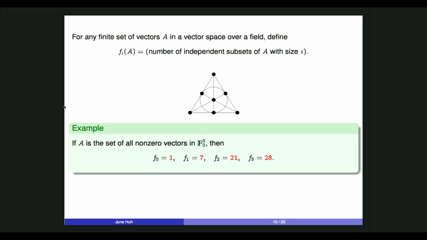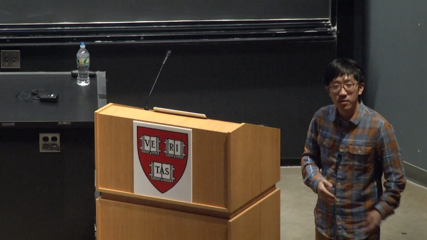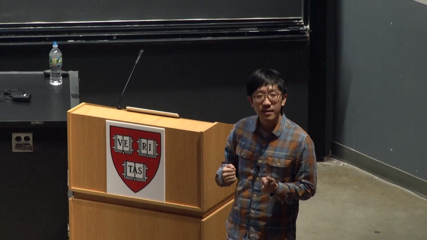So in this case, where I pick all 7 non-zero vectors in 3-dimensional space over F2, the numbers will be 1, corresponding to the empty subset, which is independent, and 7, corresponding to the 7 independent subsets of cardinality 1, and 21, which is 7 choose 2, and 28, which is 7 choose 3, minus 7, because you see 7 lines in the picture of the projective plane, which exactly corresponds to the number of triples that are dependent.